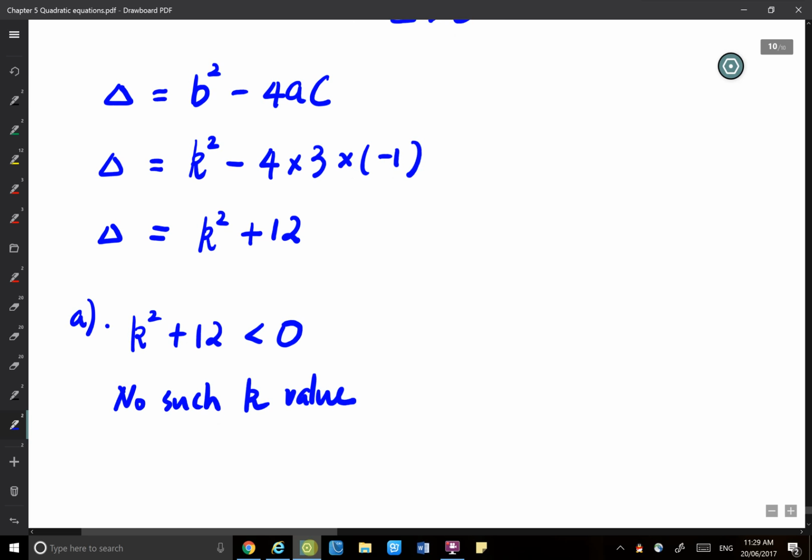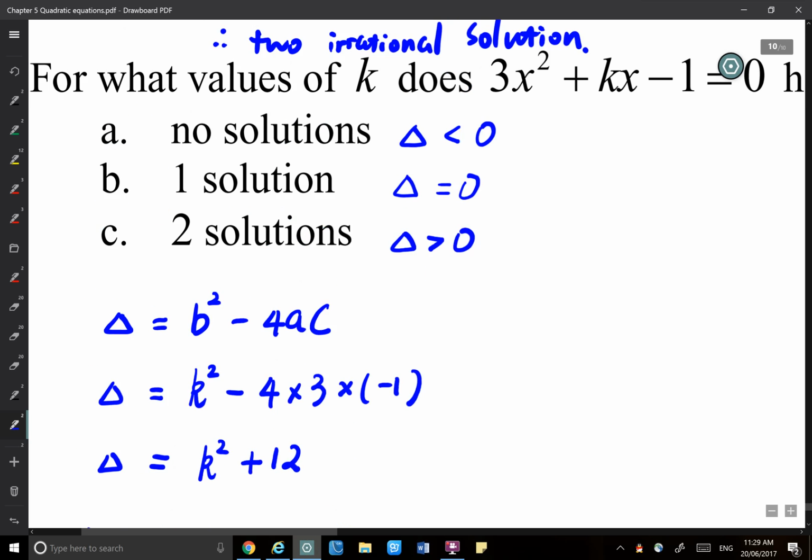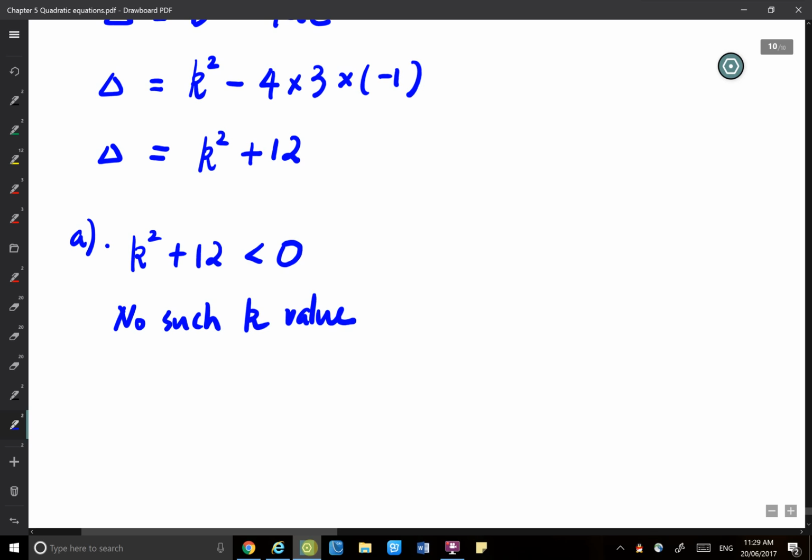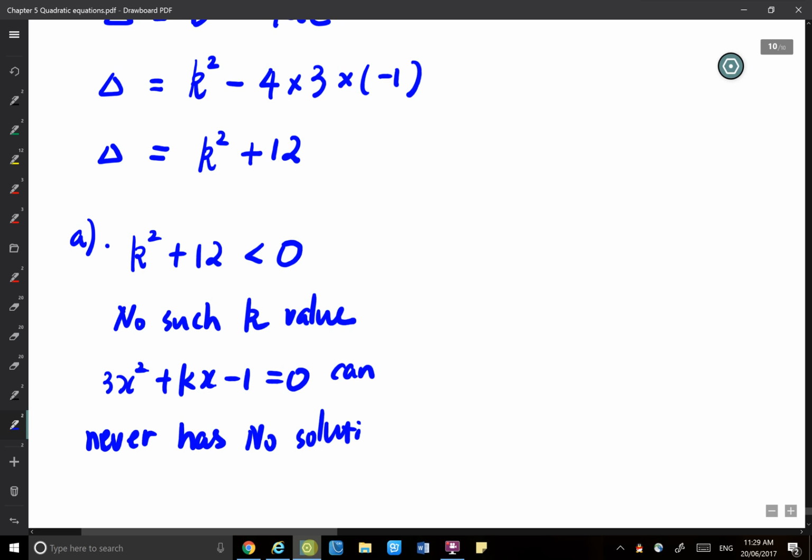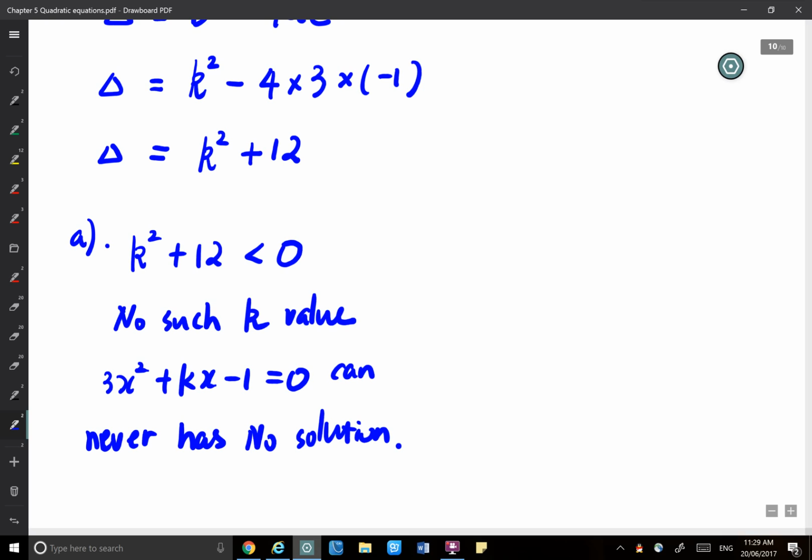So for part A, 3x squared plus kx minus 1 equals 0 can never have no solution. Regardless of the k value, your equation can never have no solution.